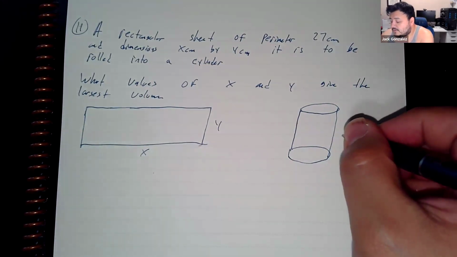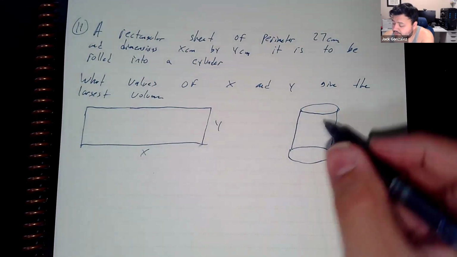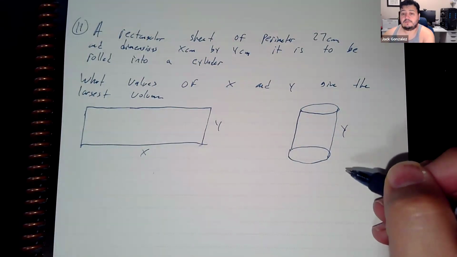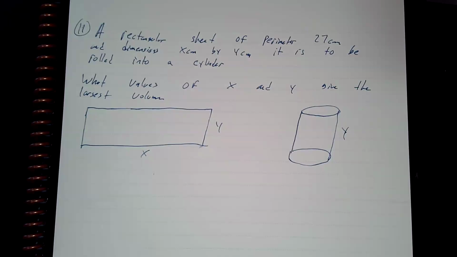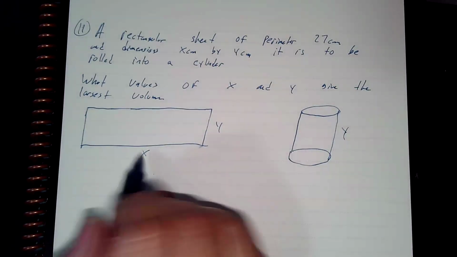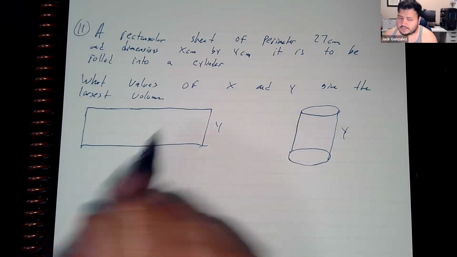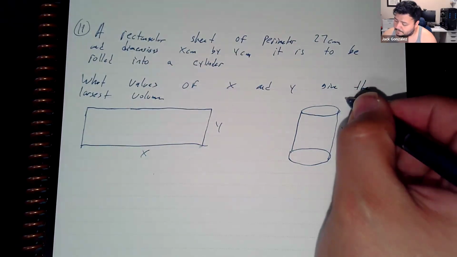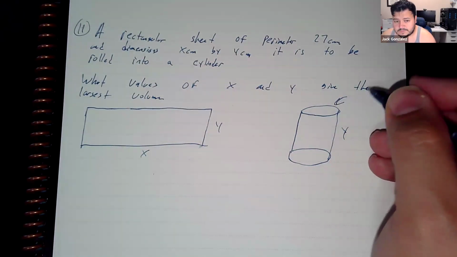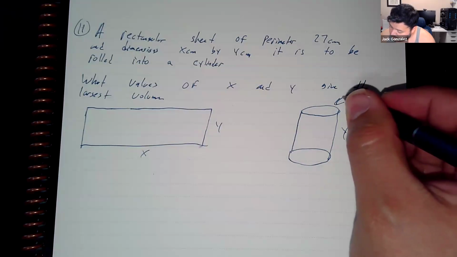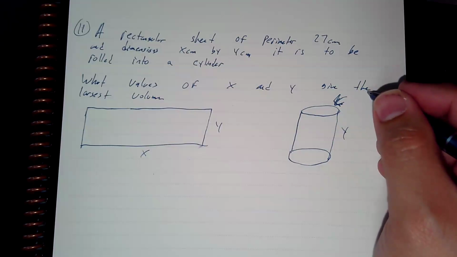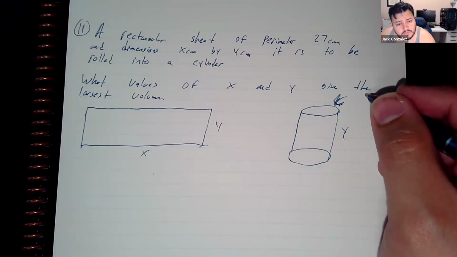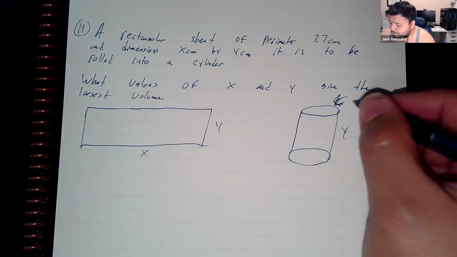So do you agree that if I'm rolling it up, this side would still be Y, the height? Does that make sense? Yes. Now X is gonna be rolled up, so what would X become? Radius, I believe. It's gonna be circumference.